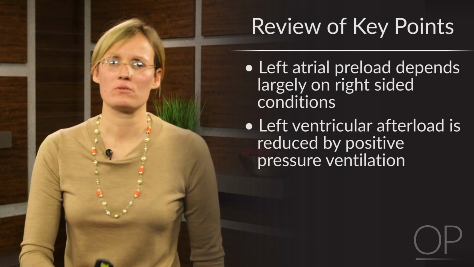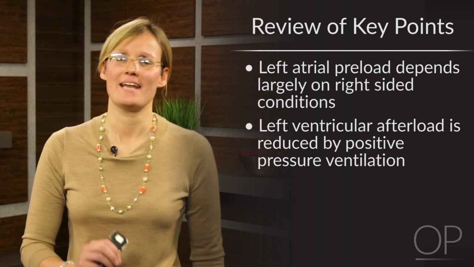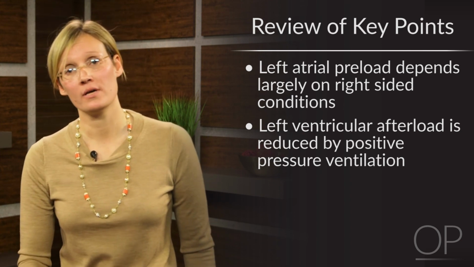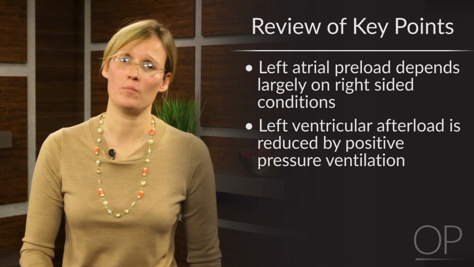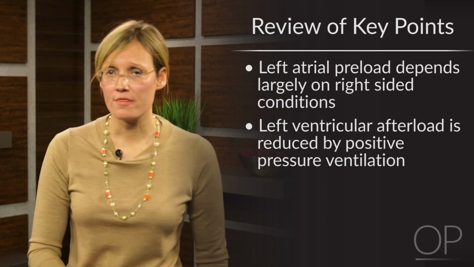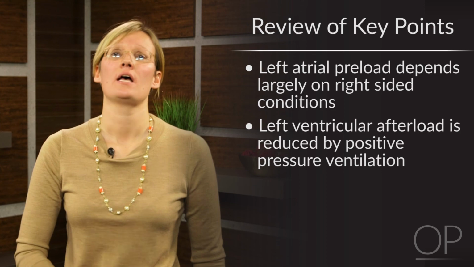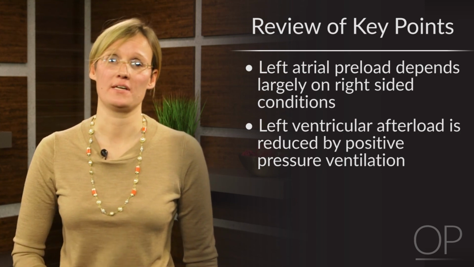It is absolutely essential to remember that positive pressure ventilation is in essence a left ventricular assist device, which can get you out of trouble if somebody has an acutely dysfunctional left ventricle and low cardiac output state. But be aware that if you acutely remove that therapy, you're going to increase that afterload, and you may find yourself in an acute low cardiac output state as you remove positive pressure ventilation.